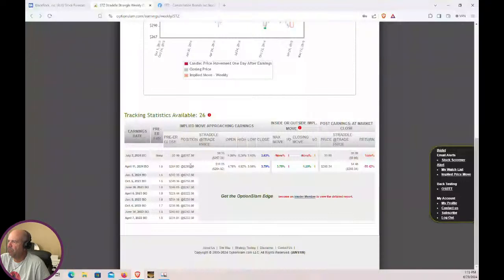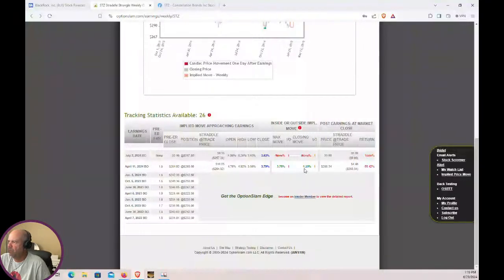The position was at 265. So the straddle on this would be $1,005, 264, open 4%, high 4%, low 3.56%. So the close was 3.79, which is inside or outside the implied move. This was inside at 3.75% on the upside.